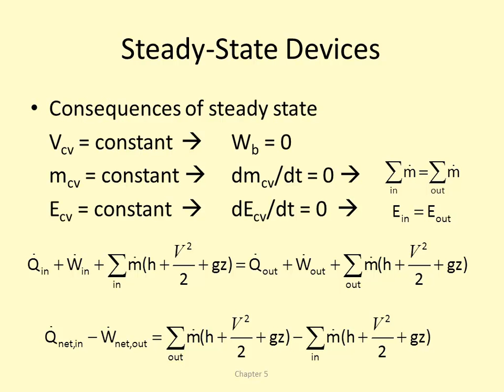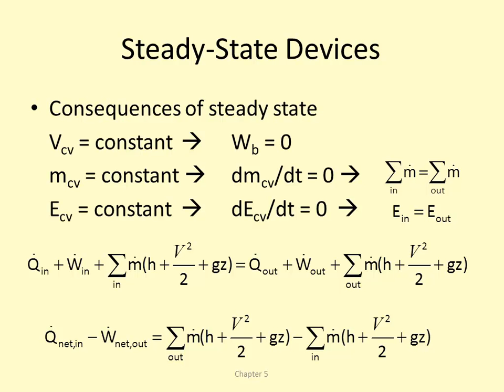Okay, steady state devices. So again, here's our open system energy equation. It's in a slightly different form. All the ins are on this side and all the outs are on this side. You can also look at it in this way: Q net in minus work net out is equal to that. So if it's a steady state system, then the mass is constant, so we have dm/dt is 0.